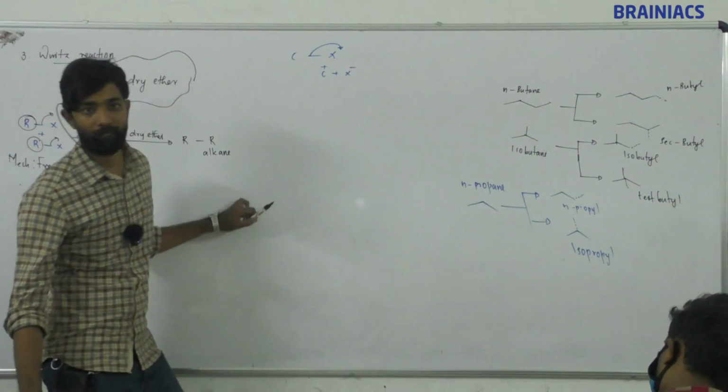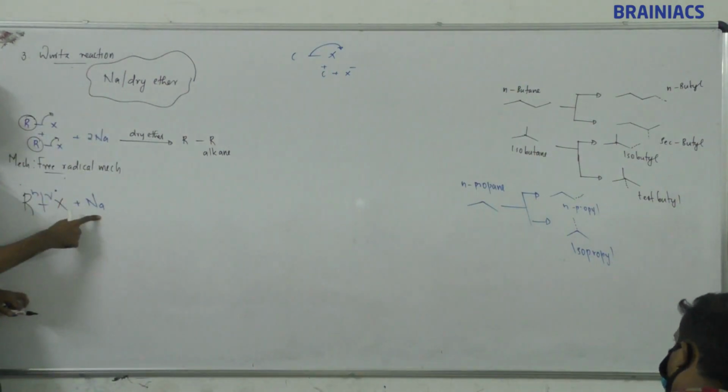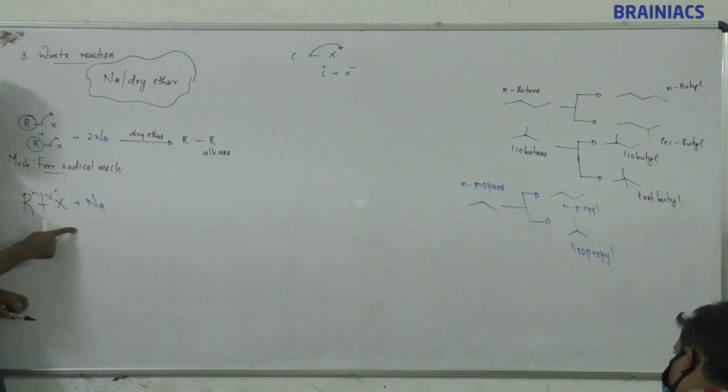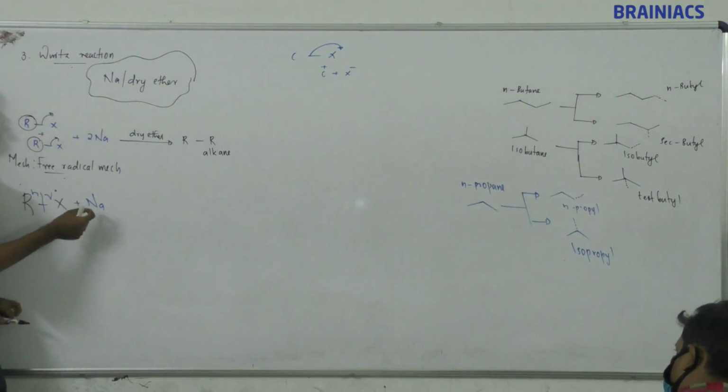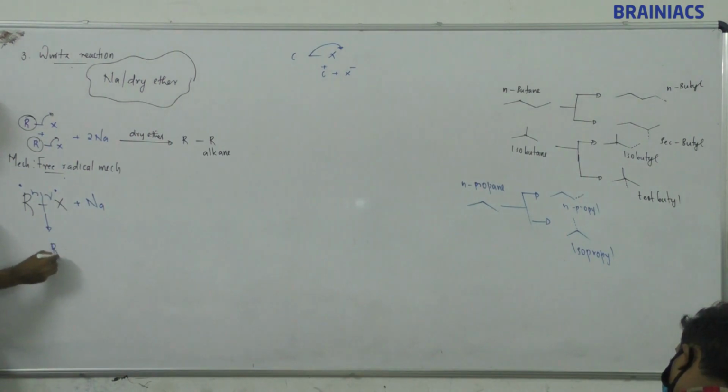Halogen requires an extra electron. But here, the extra electron will be supplied by sodium. So sodium offers that it will supply one electron. Then the halogen is cleaved in a homolytic pattern, and it becomes what? R dot and X dot.